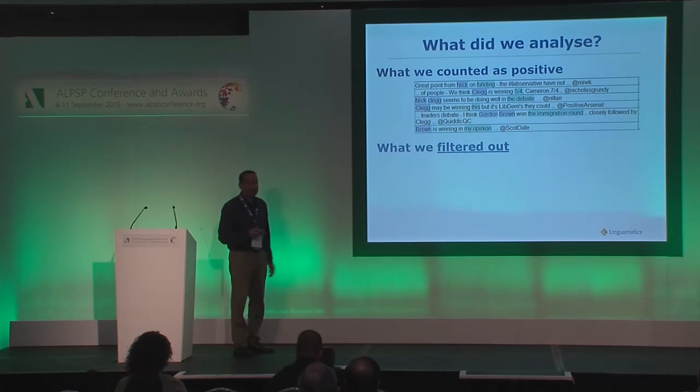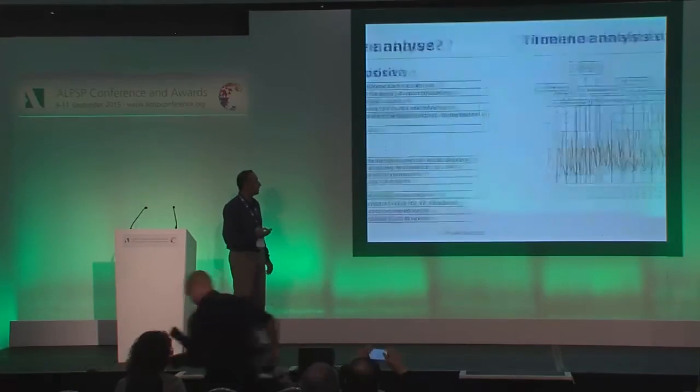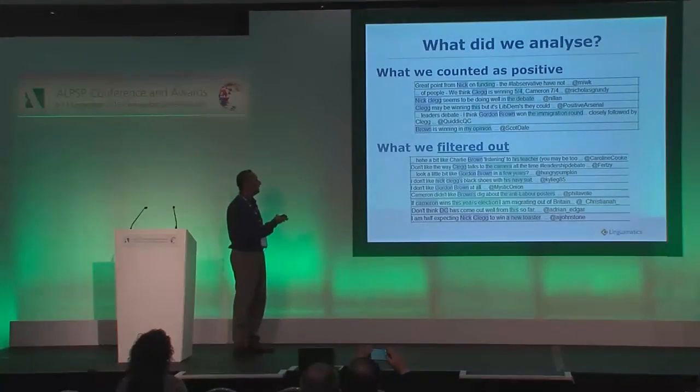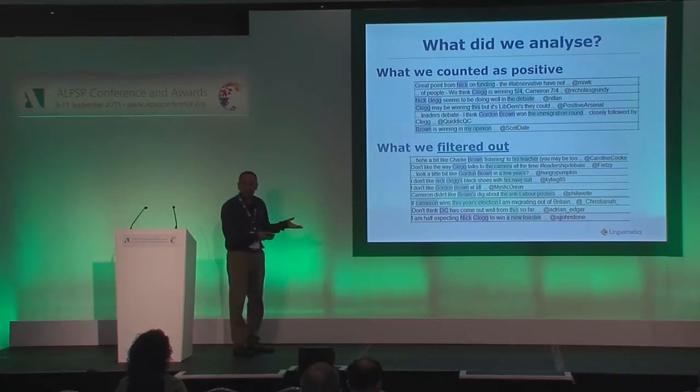These are the things that we filtered out. This is an example of the stuff that's coming through. He's a bit like Charlie Brown. Charlie Brown's got nothing to do with Gordon Brown. Don't like the way Clegg talks to the camera all the time. You can't really gauge much from that. Look a bit like Gordon Brown in a few years. Well, that's got nothing to do with it.